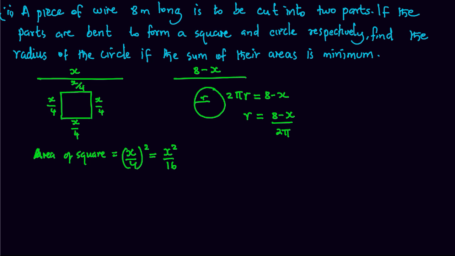Where the area of circle is pi r squared, which is pi times ((8 - x) over 2 pi) squared.